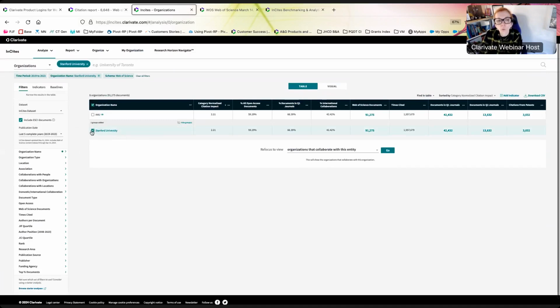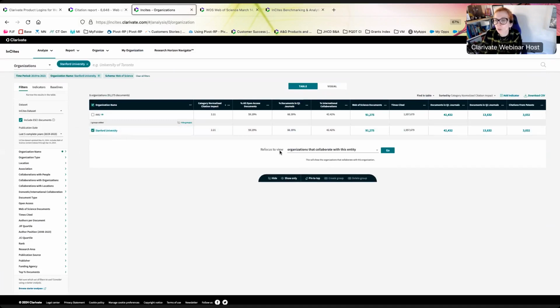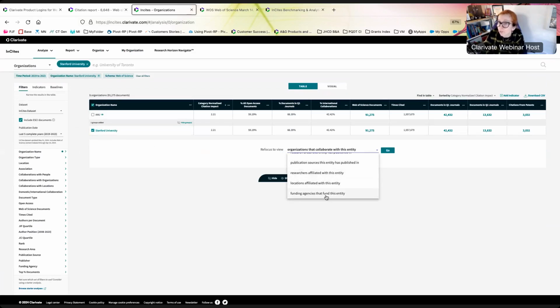What you can do once you're in Stanford is refocus your view and say, show me all the organizations that are collaborating with Stanford, or show me the research areas that Stanford has published in, or even the funding agencies that have funded all the papers by Stanford over the past few years. So there's a lot that really can be done. I'm just going to show you the collaboration one, and then I think we'll wrap there.